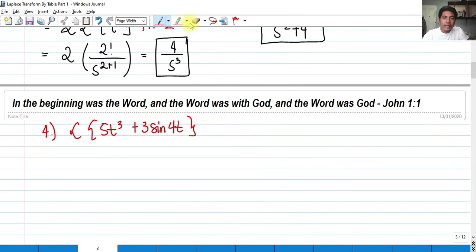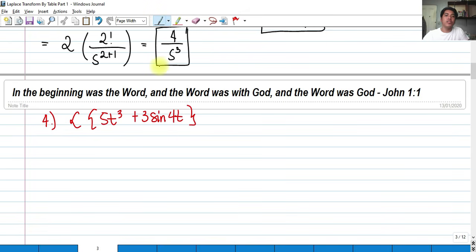One property of the Laplace transform is that if we have an addition or subtraction of two f of t's, we can actually distribute the Laplace transform. We have the Laplace of 5t cubed, and we can evaluate them independently, plus the Laplace transform of 3 sine 4t.